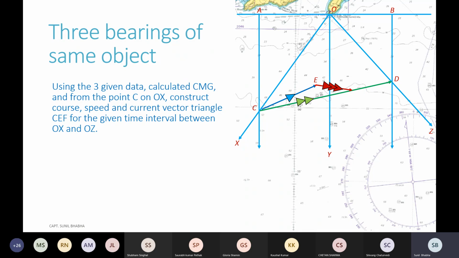And wherever this current vector meets the course made good line, let's mark that point as F. Now CEF, Charlie Echo Foxtrot, is our course, speed and current vector triangle for the duration of time between the first bearing OX and the last bearing OZ.